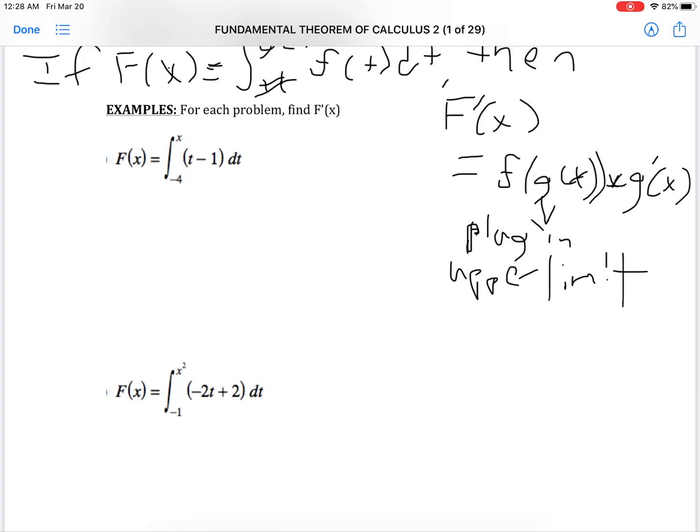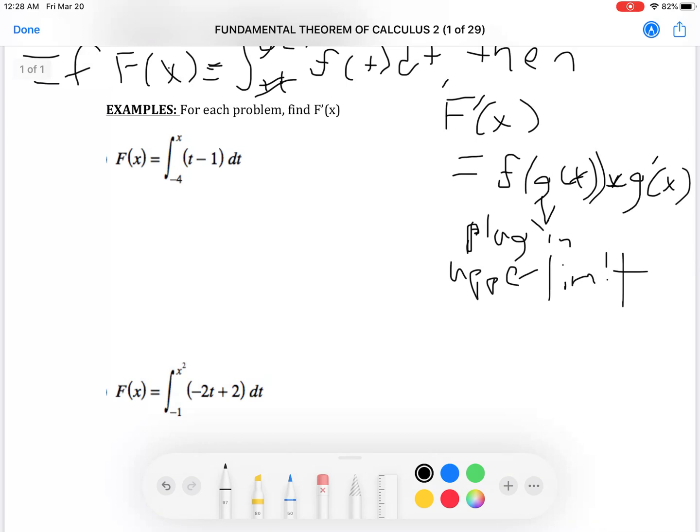On the easy versions like this first one, all you really have to do is write the answer, which is just x minus 1.